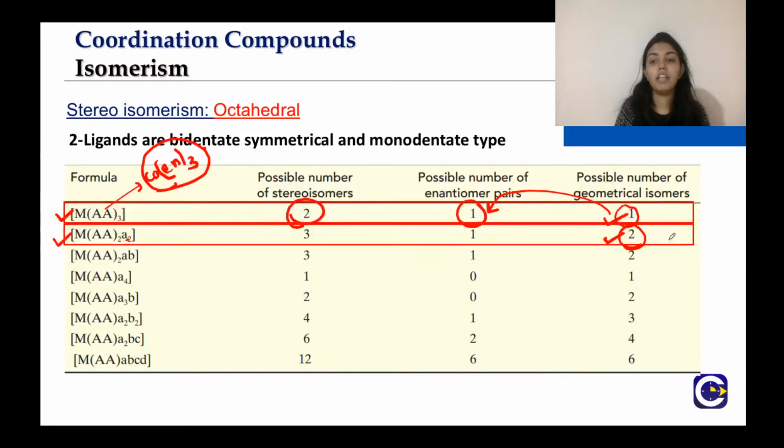How? These two A can be cis to each other. That means the two A's can be 90 degrees to each other, or the two A's can be 180 degrees to each other. Right. Now out of these two geometrical isomers, in the cis one you will have it as optically active also. So one you have to add for optical isomer also. So this will give you a total of 3 possible stereoisomers.